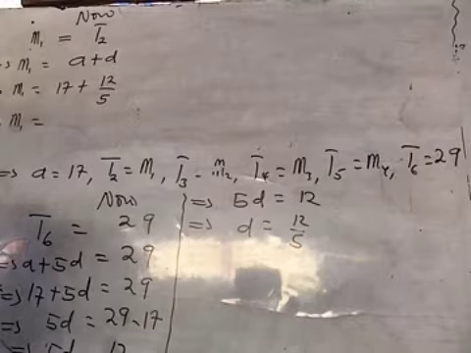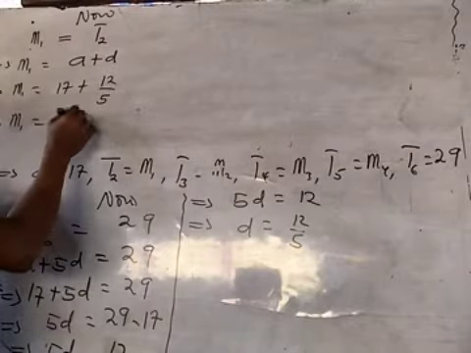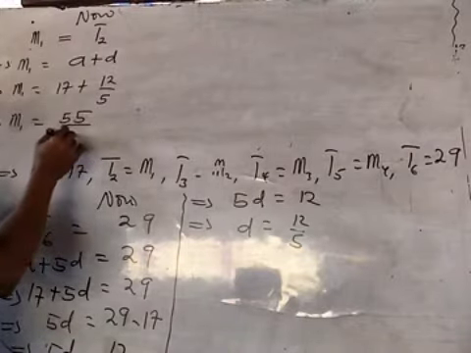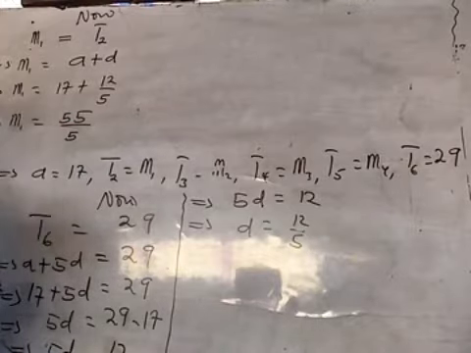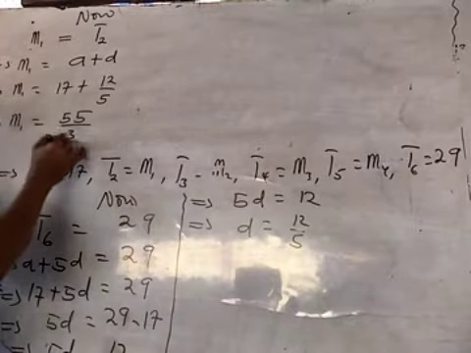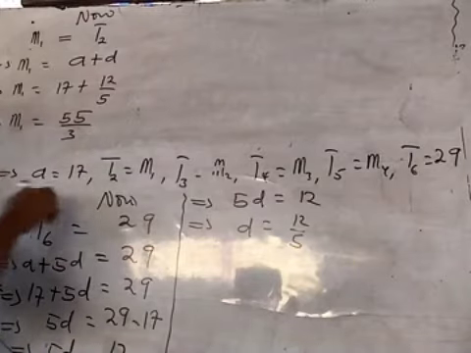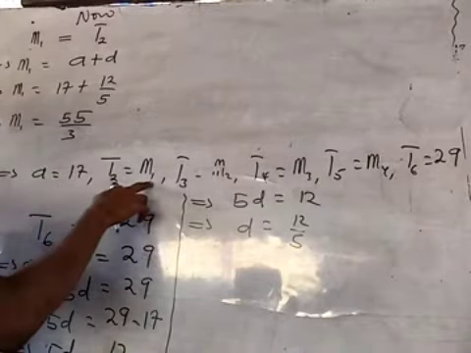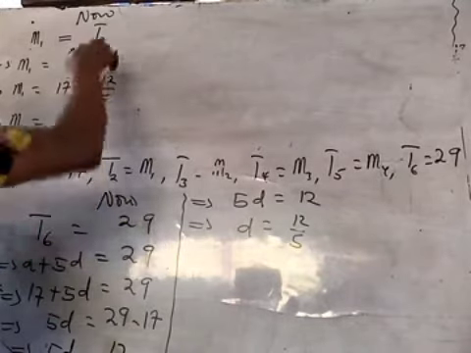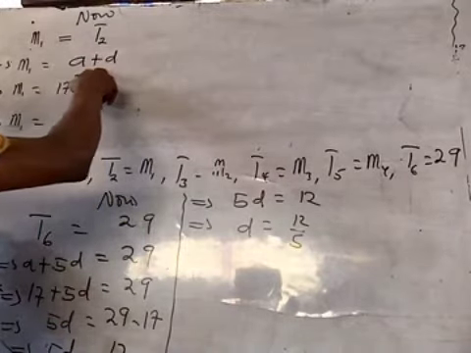Let me recheck that. The second term is M1, and the second term is A plus D. That's correct.